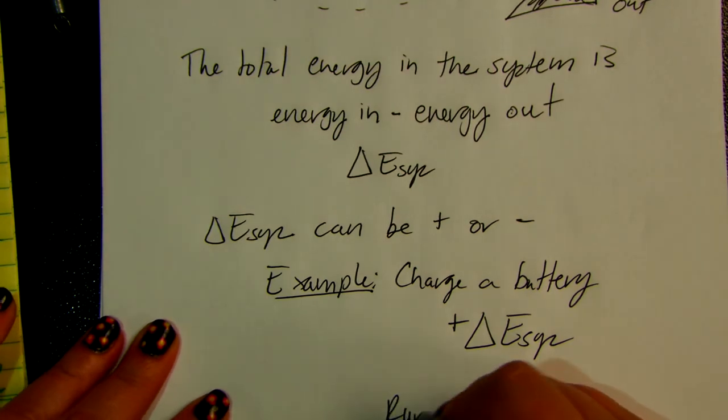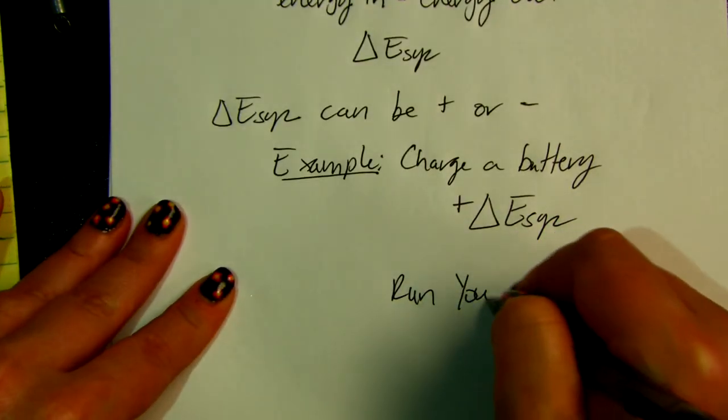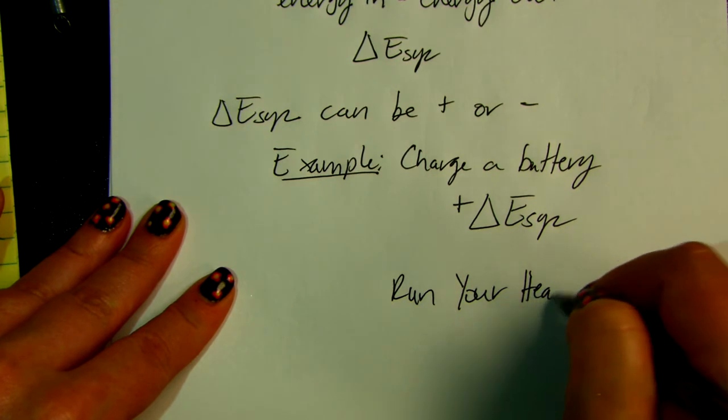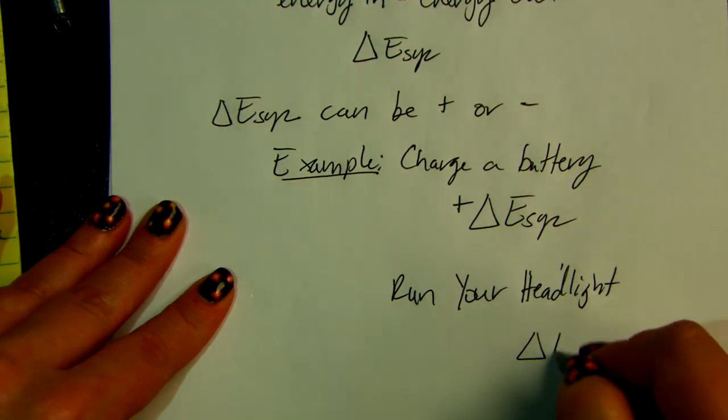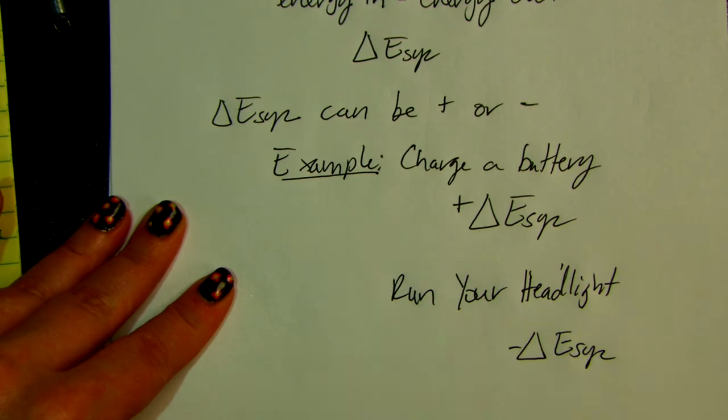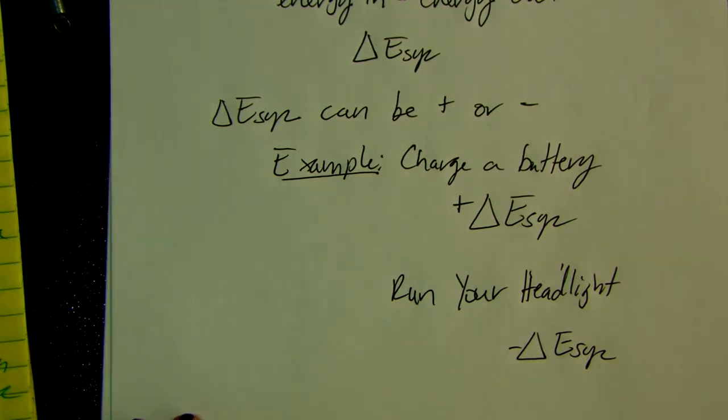However, you could run your headlights, which if you do that when your car is turned off, you will notice that you are changing the energy of your system in a very negative way.